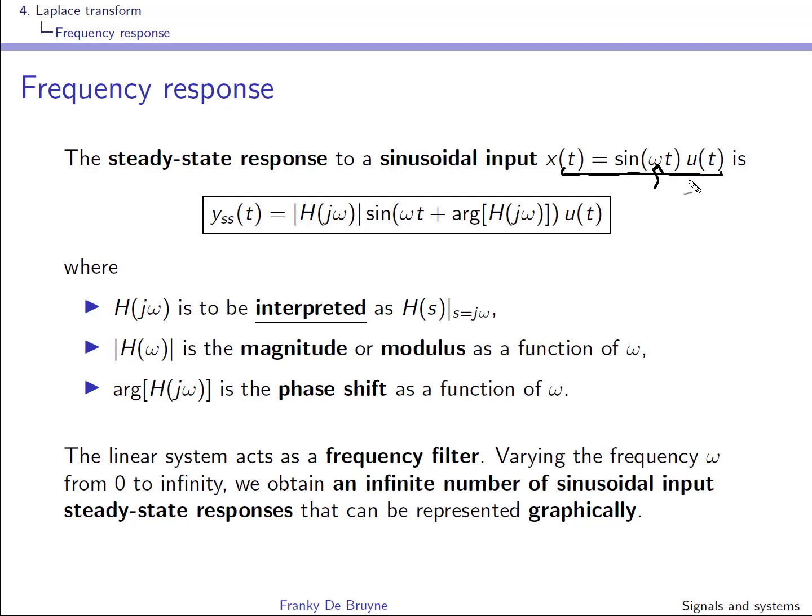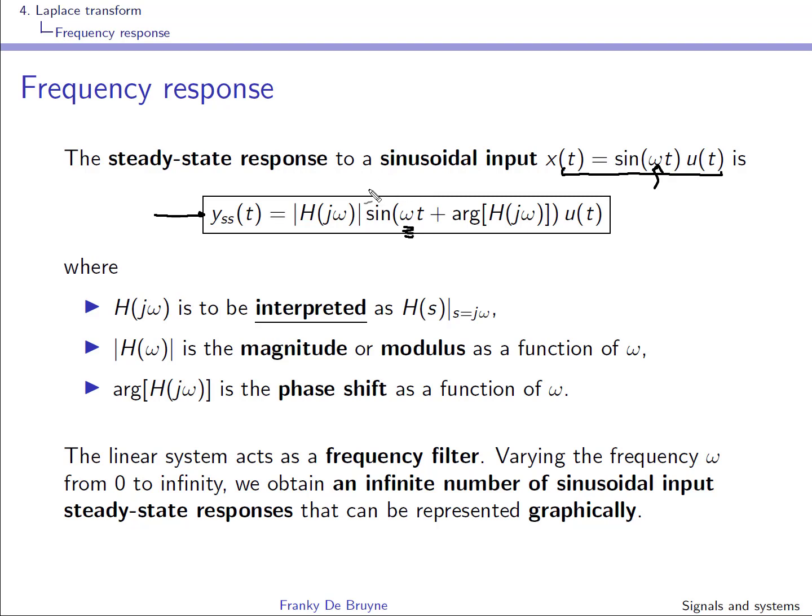Okay, and there will be the steady state response, and what you see here on the screen is the steady state response. That is the response of the system when it's subjected to a sinusoidal input and when all the transients have disappeared. And what you observe is that the output, the steady state output, is again a sinusoid at the same frequency.